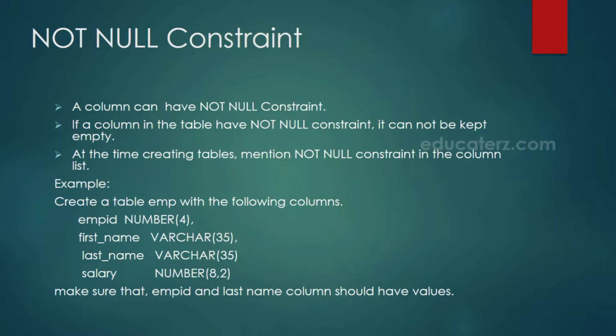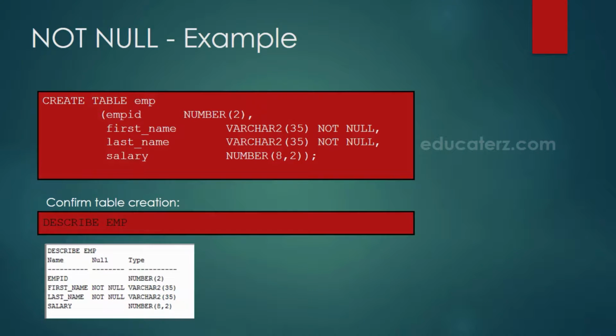Based upon this requirement, we create a table called emp, and we define the columns not null. Example, see this: create table emp, emp is the name of the table. We have emp ID as the column name, its data type is number, and size is 2.